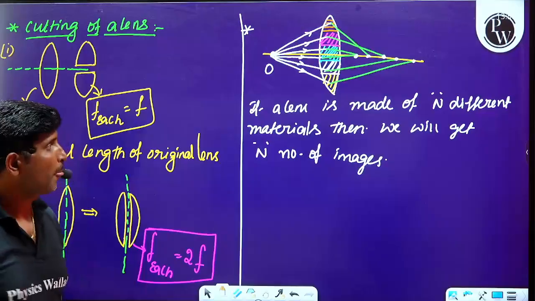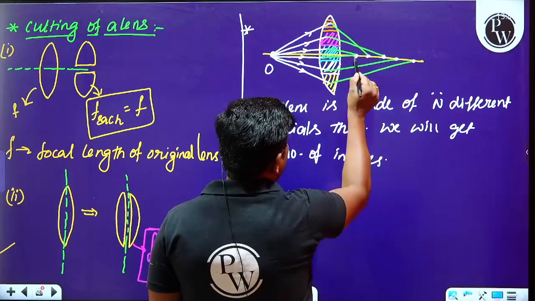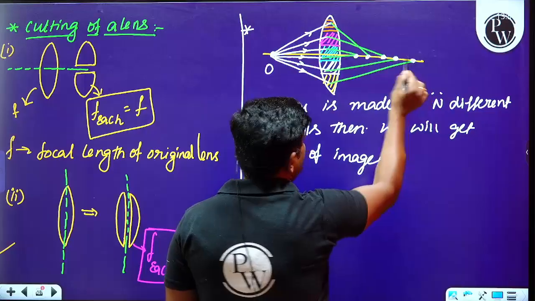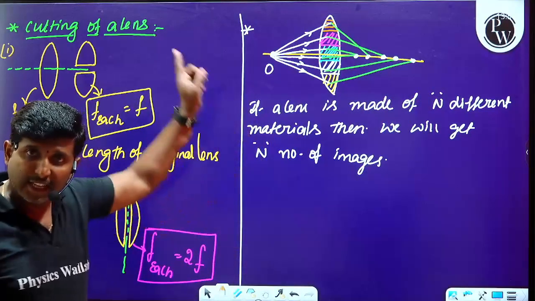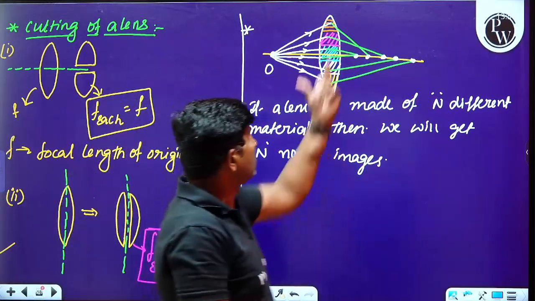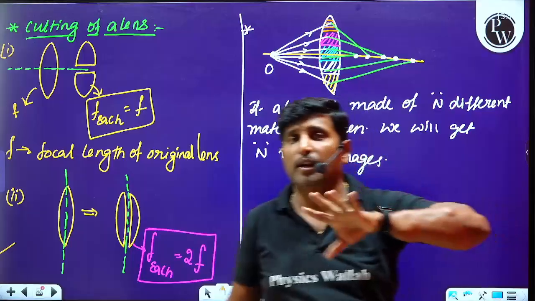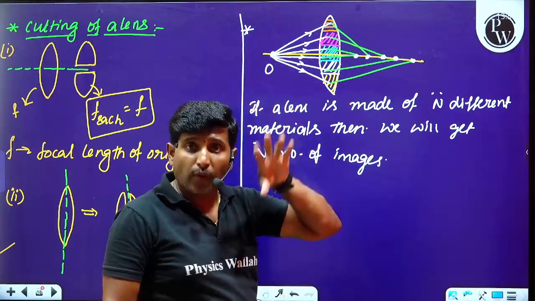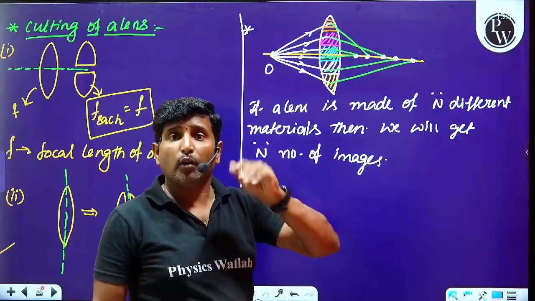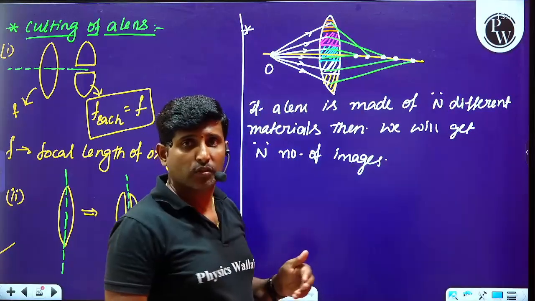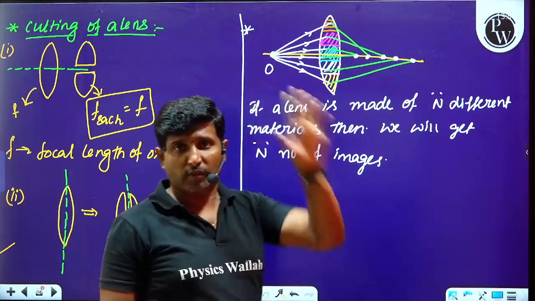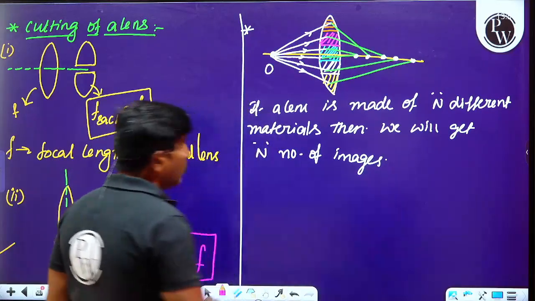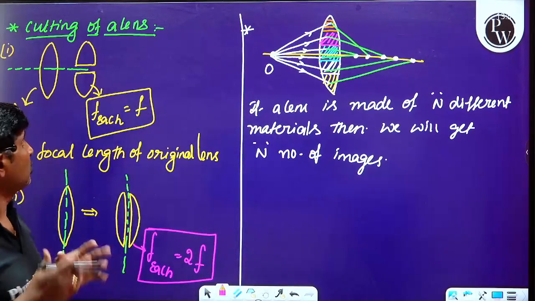Is it clear? So like that we have to think. This is image 1, image 2, image 3, image 4, image 5. In this example, the lens is made up of 5 different materials. Therefore, the lens will give you 5 different images for a single object.